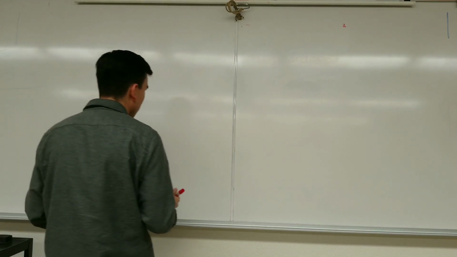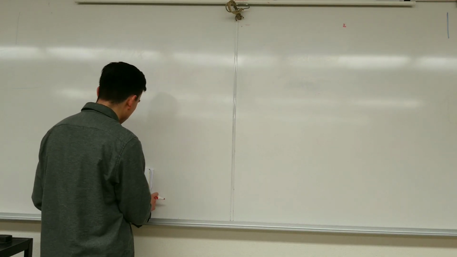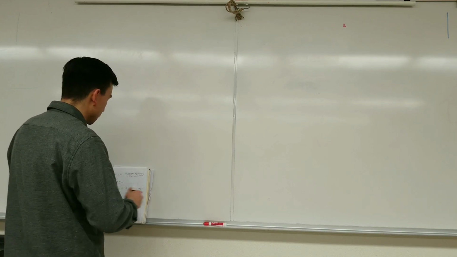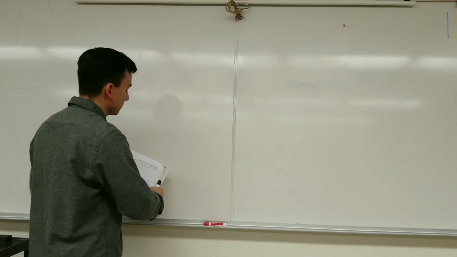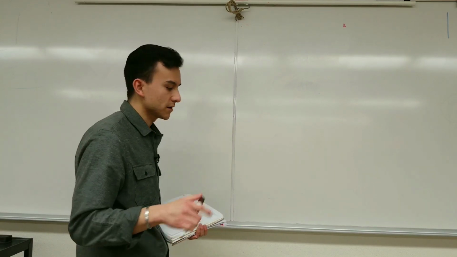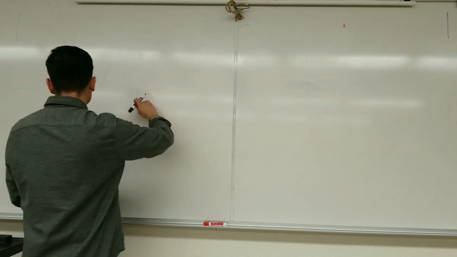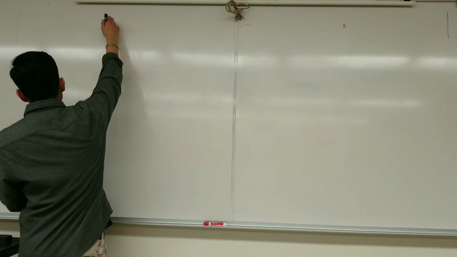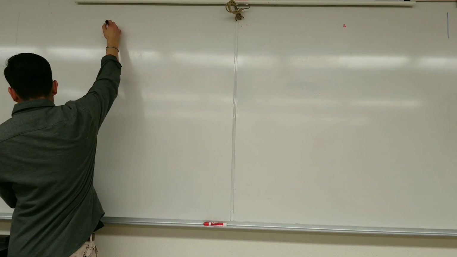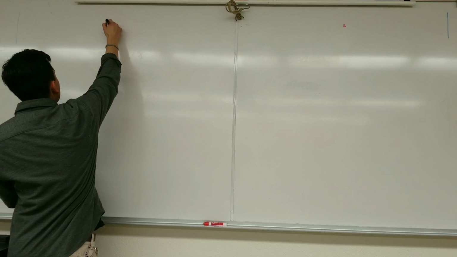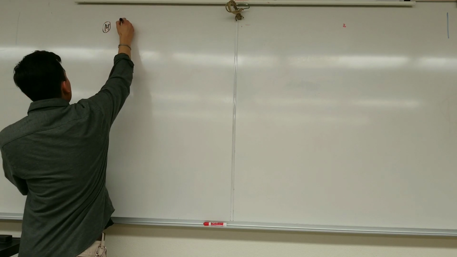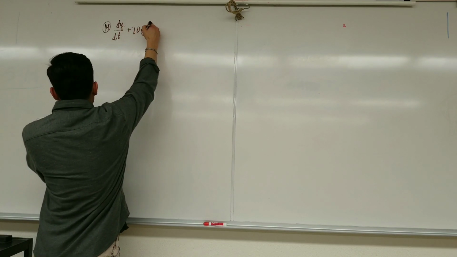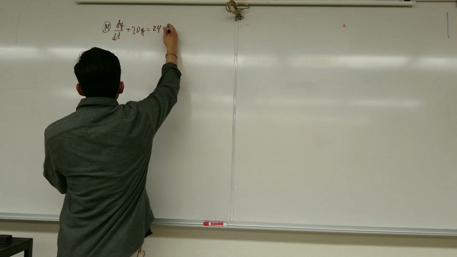Okay, so the next thing you might come into contact with is verifying differential equations, verifying their answer to the differential equation. So let me just show you what I'm talking about. Sometimes you'll see dy over dt plus 20y equal to 24.